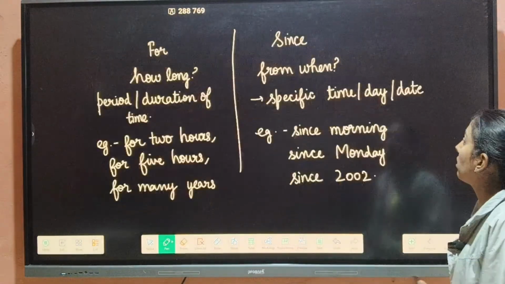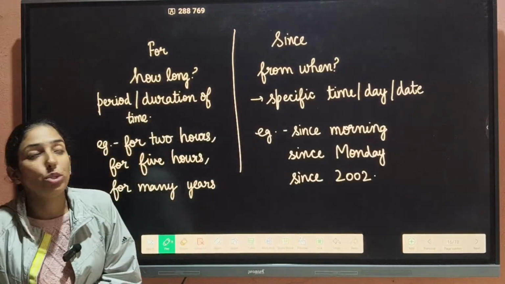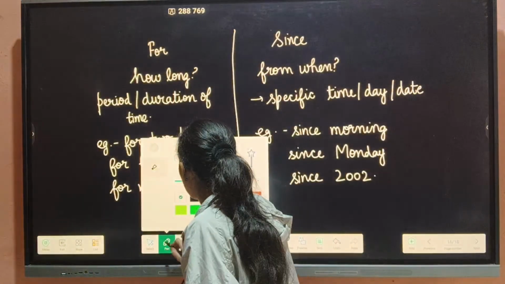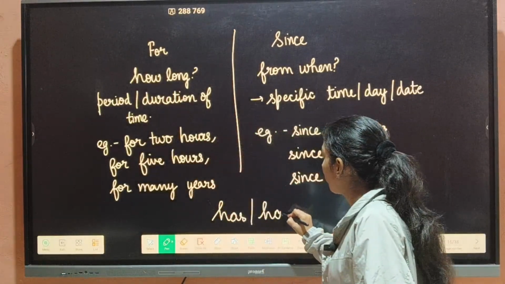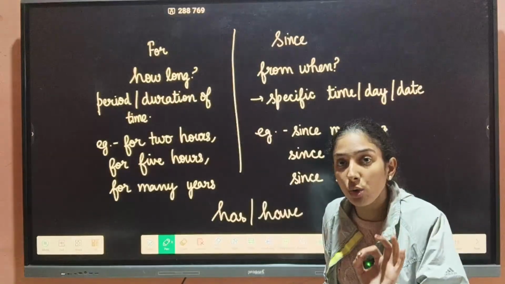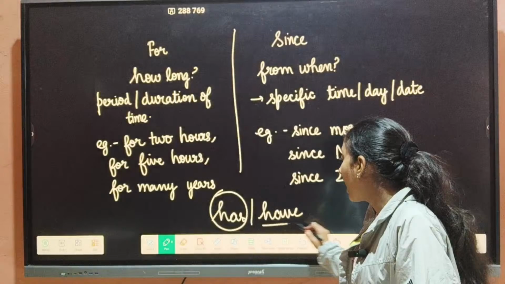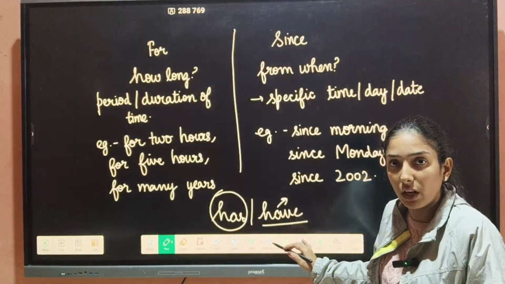See beta, when we have to use for and when we have to use since. I told you na the structure of present perfect continuous tense. Has or have. If singular noun or pronoun is there, has. Okay, with I and with plural nouns or pronouns, have will come.